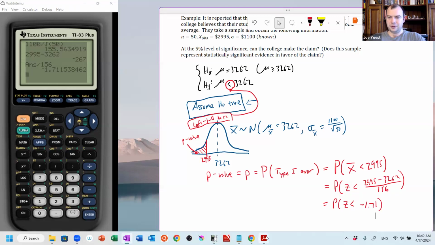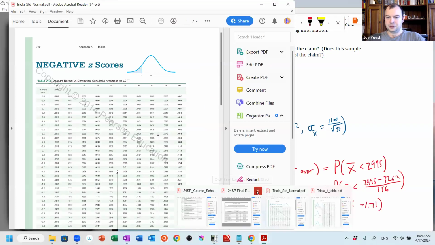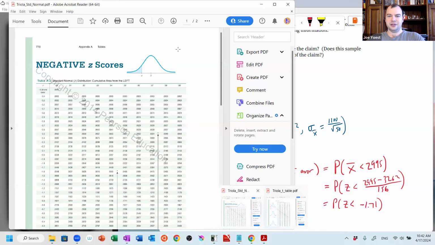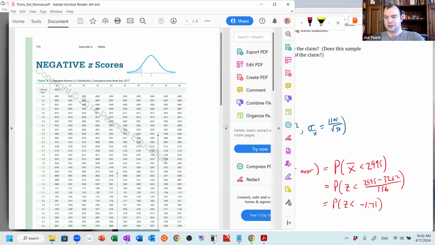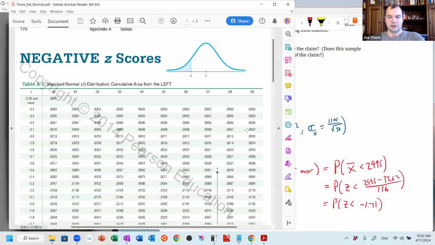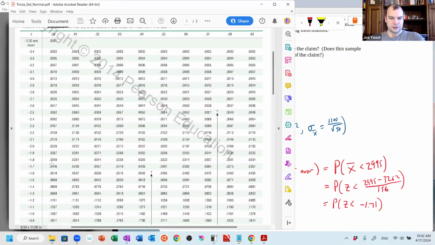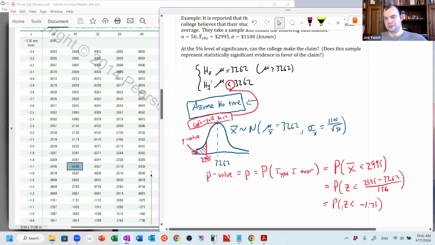And this I can just look up on my normal table. Here we go. I can look up probability Z less than negative 1.71 on my normal table. So here's my negative 1.7 row, negative 1.71, that's 0.0436.